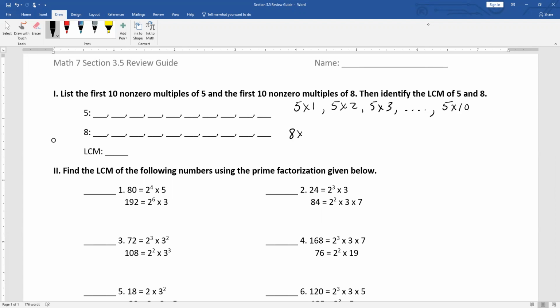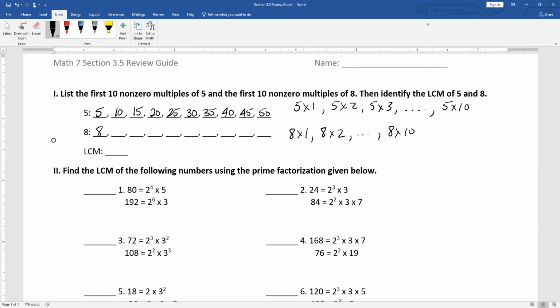And then this one is 8 times 1, and so on until you get to 8 times 10. With 5, it's 5, 10, 15, 20, 25, 30, 35, 40, 45, 50.